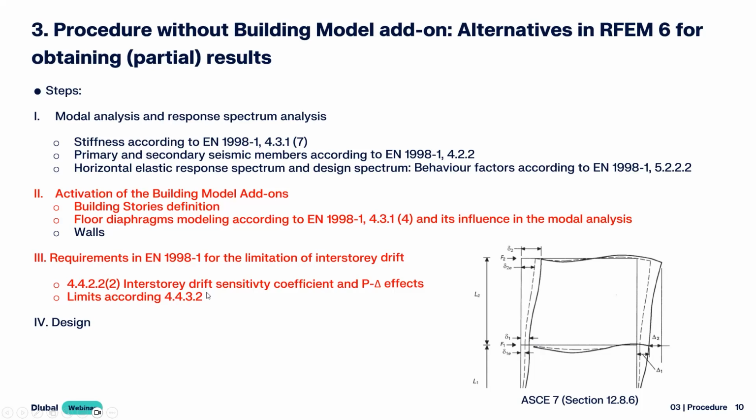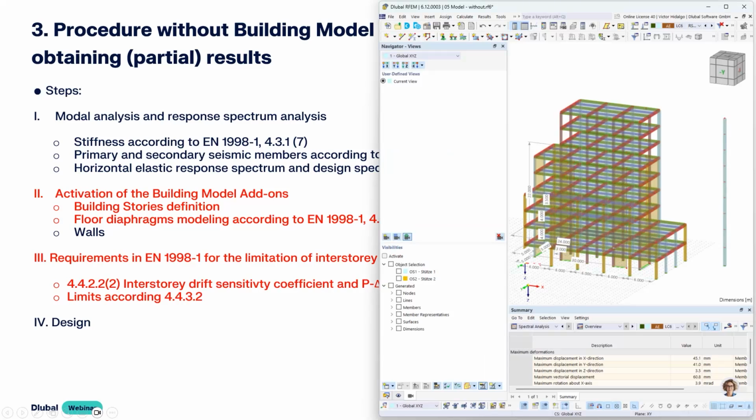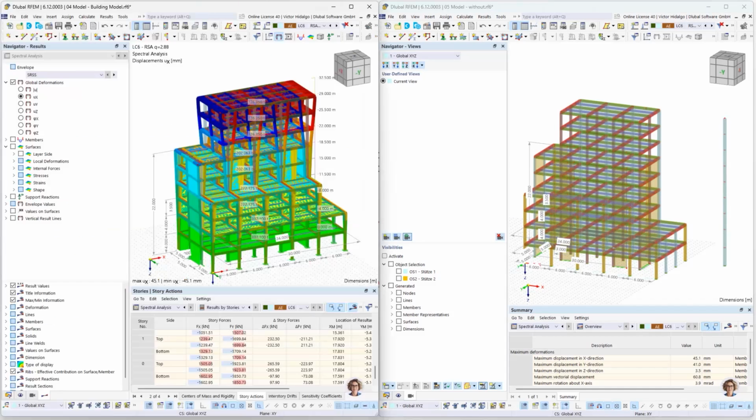This means that we have to do a very manual procedure. So for example, exporting to Excel and then making calculations by hand, I mean in a software, but manually making all the definitions. So the only quantity that can be generated without building model add-on are the story forces.